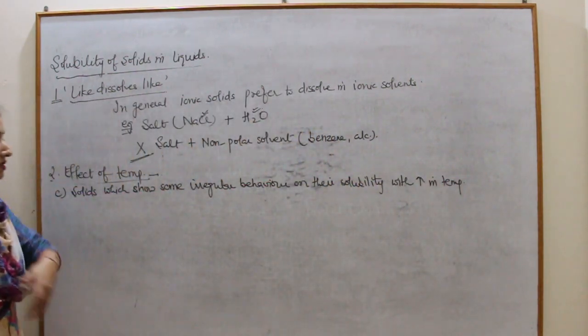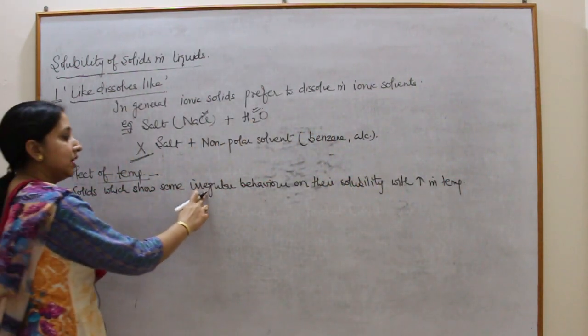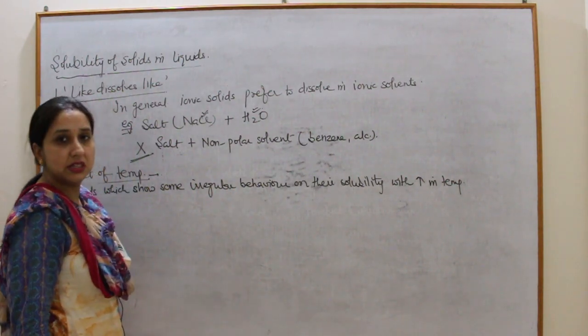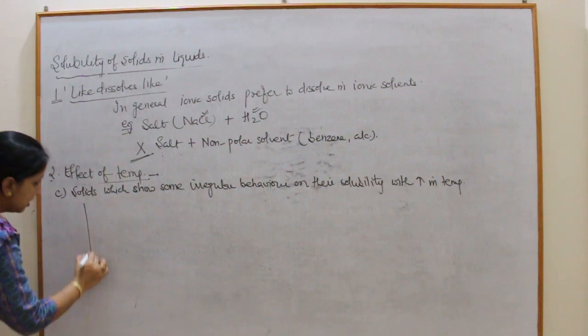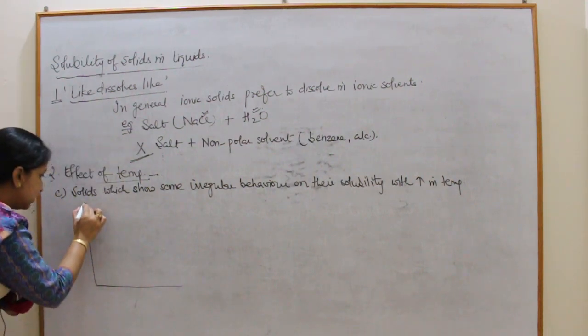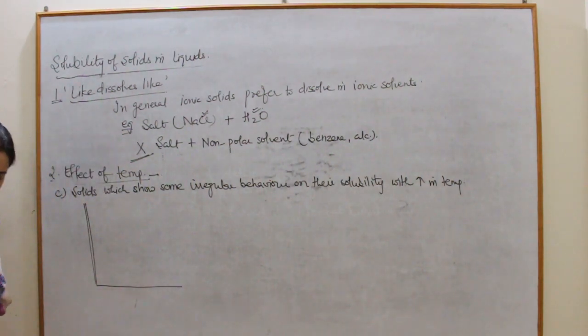There are certain solids which show irregular behavior on their solubility with the increase in temperature. Here the most important example is sodium sulfate.